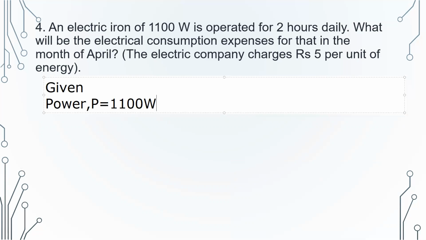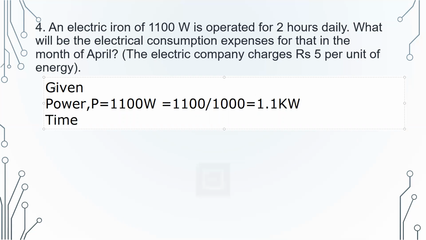So we want to convert electrical energy in terms of units. We know that 1 kilowatt hour is 1 unit. Okay, so we want to convert watt into kilowatt. Here power is given in watt. We have to convert it into kilowatt. For that, we have to divide it by 1000. On dividing, we will get 1.1 kilowatt.